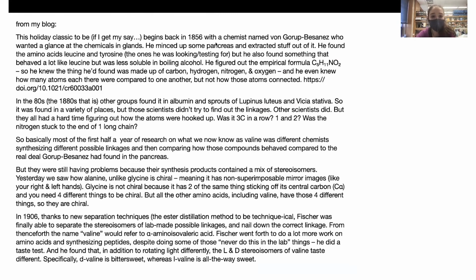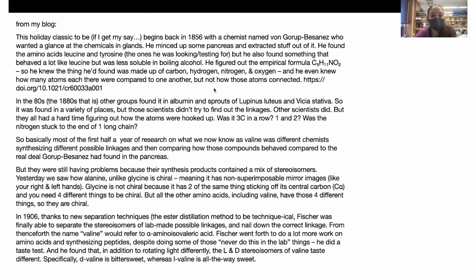And so then he figured out the empirical formula. So basically he figured out the ratio of the different atoms in it. So he knew how many atoms there were compared to one another, but not how they were connected. And so he knew, okay, this isn't leucine. It's got fewer carbons and hydrogens, but I don't know what it is. I don't know how those atoms are connected.